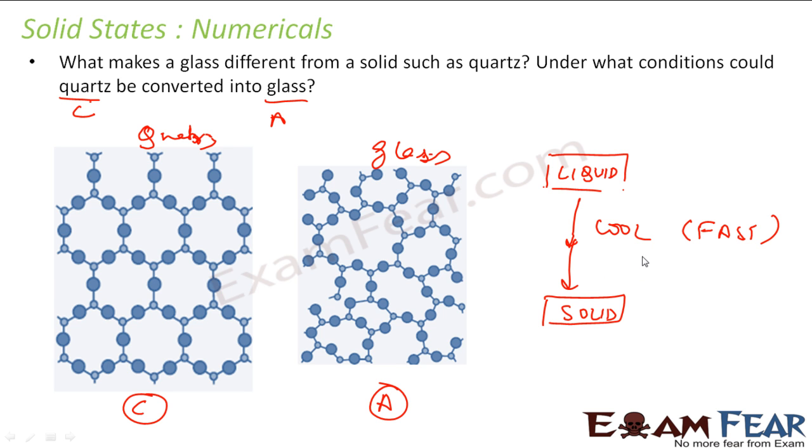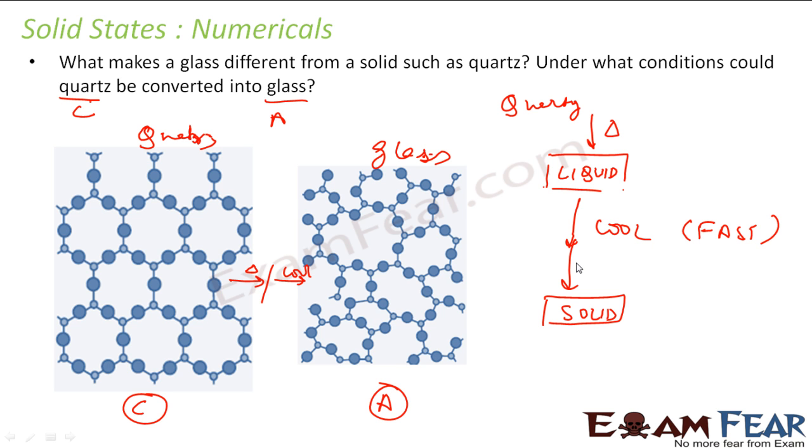So what you can do is first heat the quartz. You take the quartz, which is totally arranged, and you heat it first, it becomes haphazard, and then you cool it fast immediately, right? You take the quartz, you heat it, you get liquid, you always get the liquid phase.